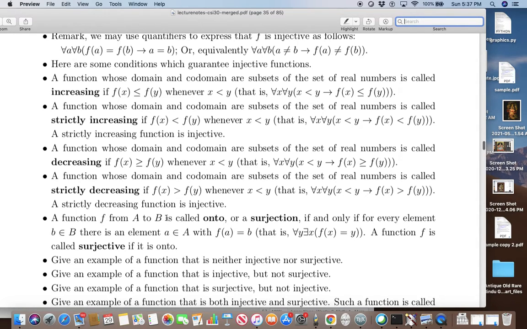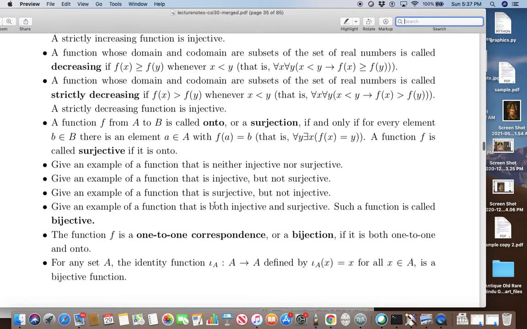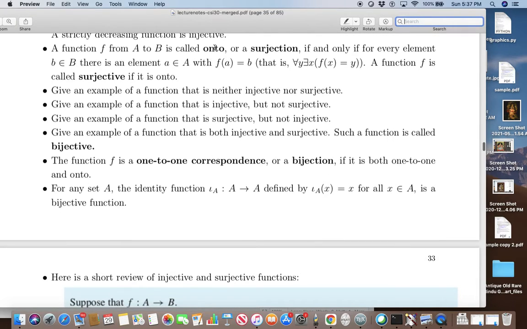By the way, I forgot to mention, a strictly increasing function is injective. A strictly decreasing function is also injective. Okay. Next, we'll talk about surjective functions. We'll continue in our next video.